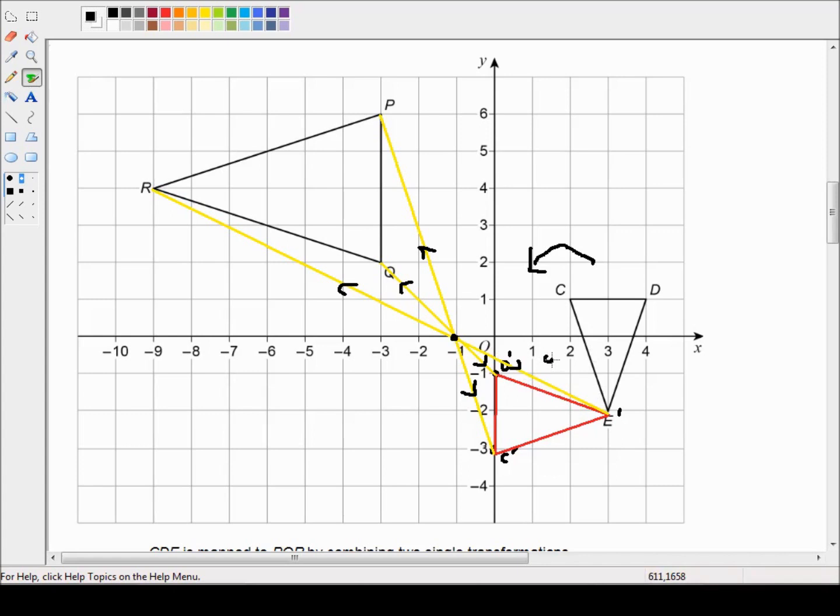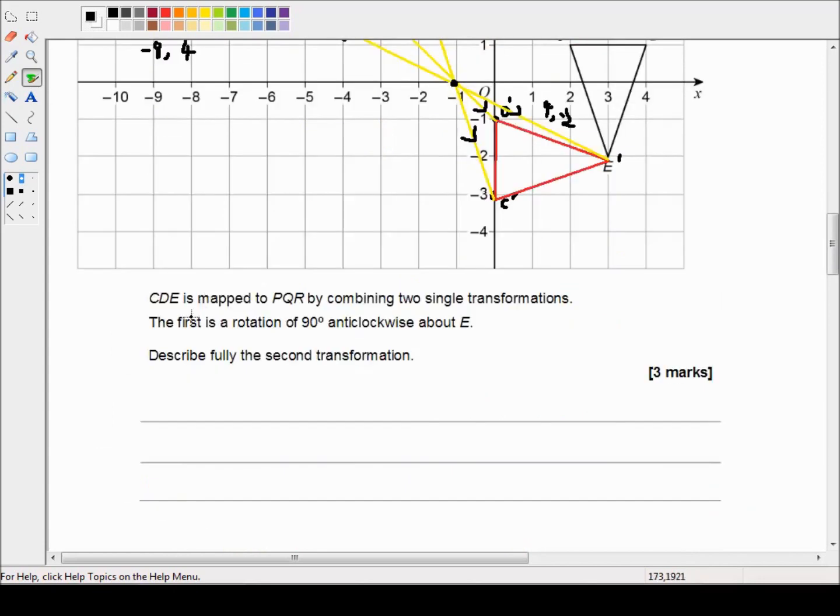And this same vector here is going to point R, which is 1, 2, 3, 4, 5, 6, 7, 8. So that's negative 8. To get from negative 1 to negative 9 is negative 8. And then 1, 2, 3, 4. So that's 4.